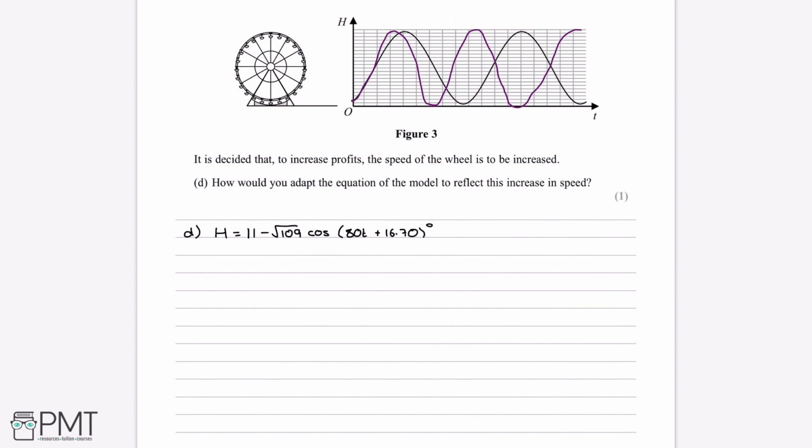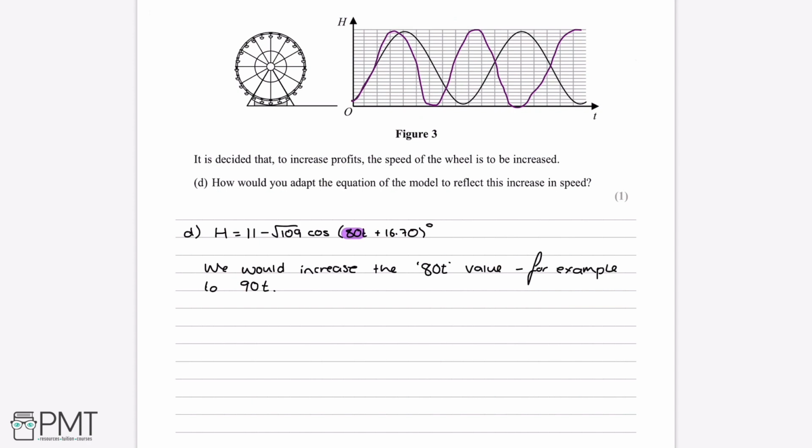So the way we would show this increase in speed in altering this equation is we increase the coefficient of t, and that is this number here, the 80. This could be any number greater than 80, but we could do 90t, we could have 100t, any number greater than that would reflect an increase in speed.